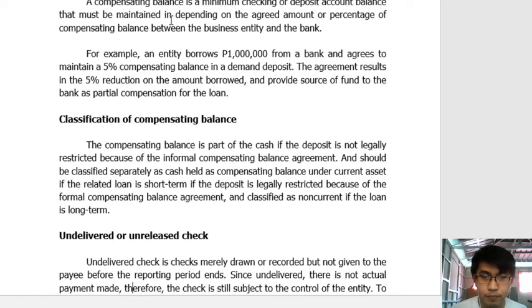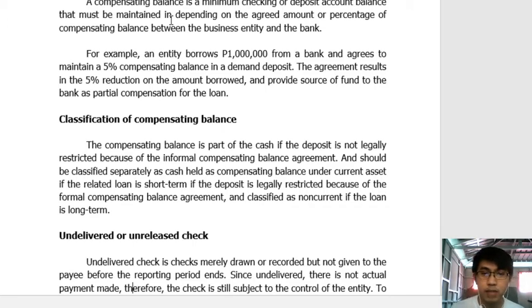However, papaano kapag yung compensating balance ay with legal restriction, at yung loan na sinisecure niya ay short term, it is considered as cash held as compensating balance. So, magkakaroon ng panibagong account title.